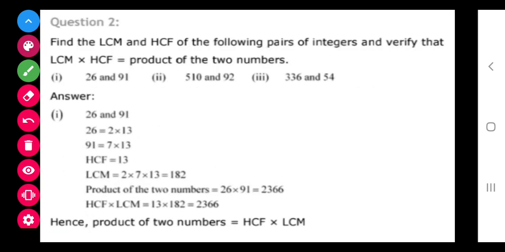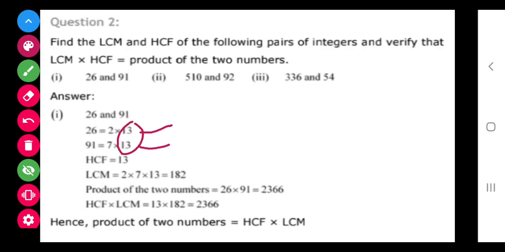Now class, we have to find the LCM and HCF of the following pairs of integers and verify the relation that LCM into HCF is equal to the product of the two numbers. So we will use the traditional method that we used to do, the factors method only. Factors of 26 are 2 into 13 and factors of 91 are 7 into 13.